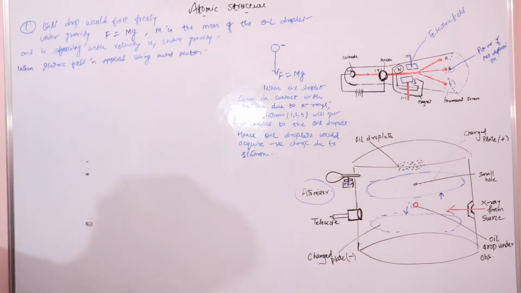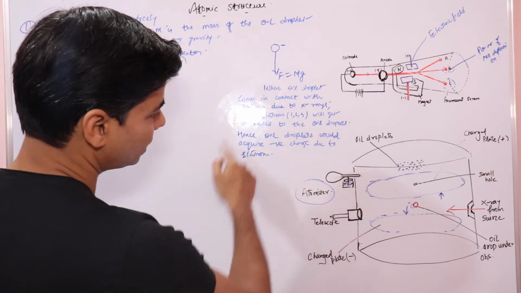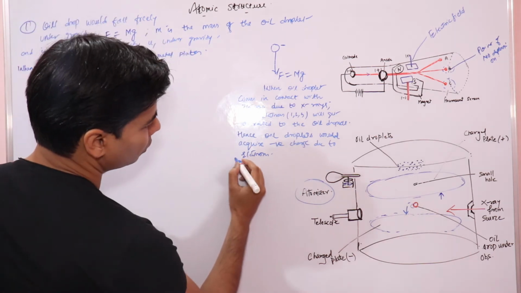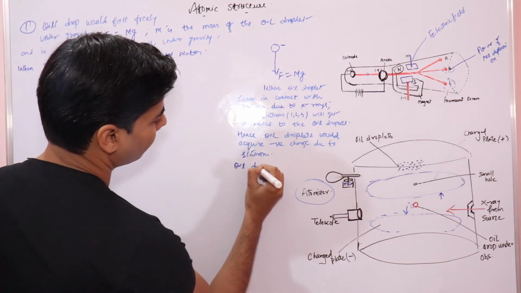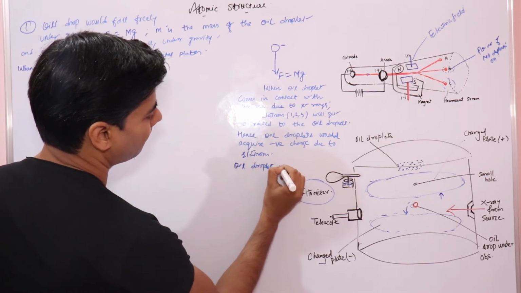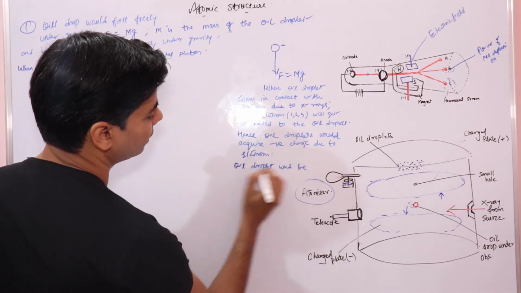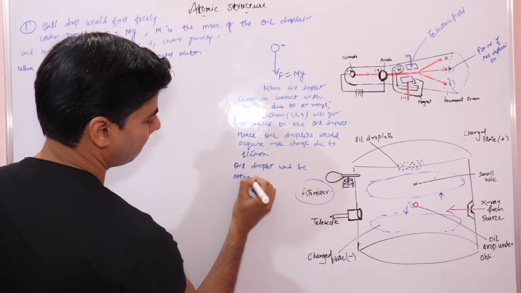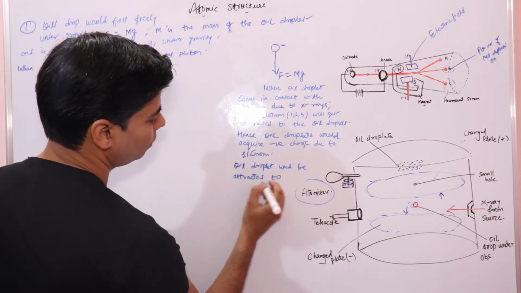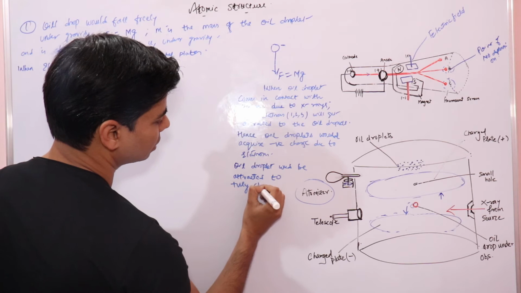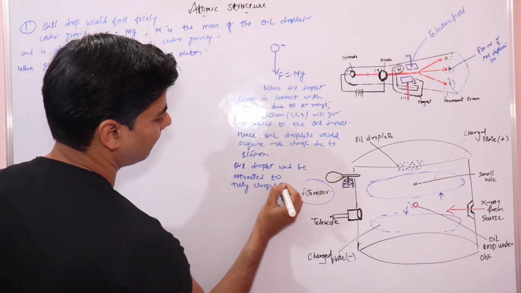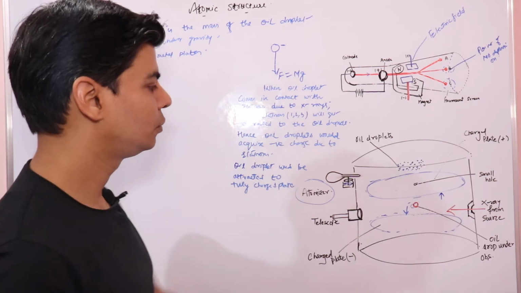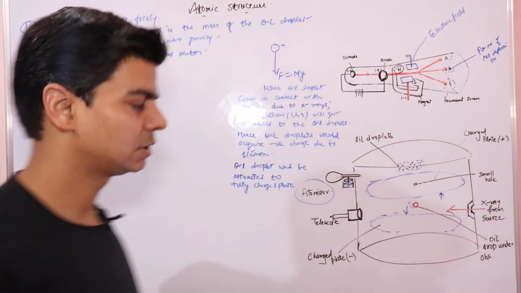So since this oil droplet is negatively charged, it would be attracted to the positively charged plate.